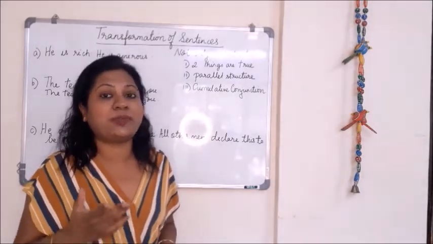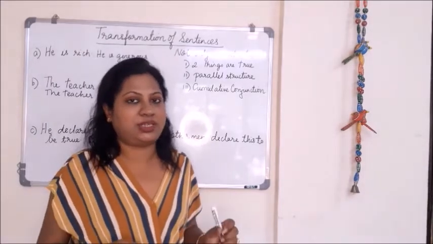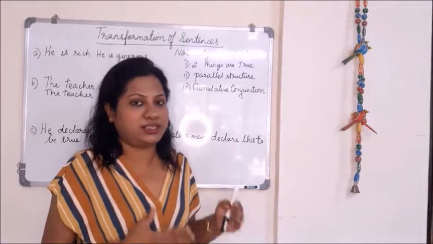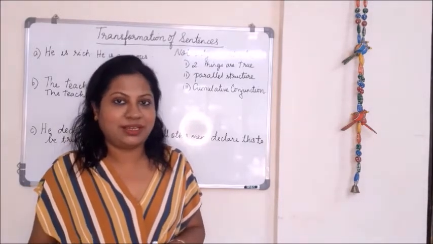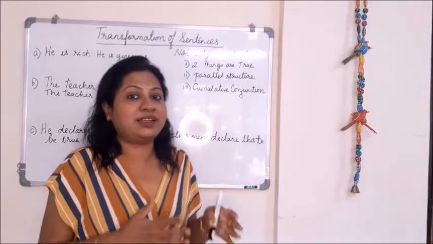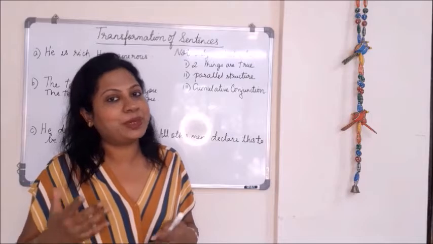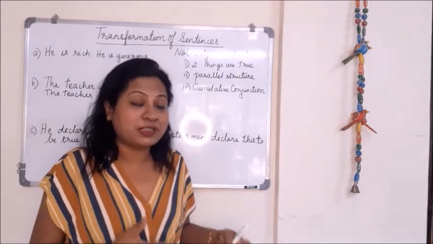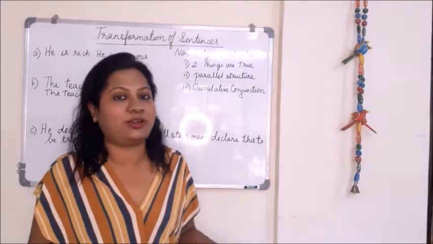Now, what is the meaning of parallel structure? It means that if you are combining two things, the first thing is an adjective, the second thing also needs to be an adjective. If the first part is a prepositional phrase, the second part also needs to be a prepositional phrase. If the first part is a clause, when you combine, the second part also needs to be a clause.